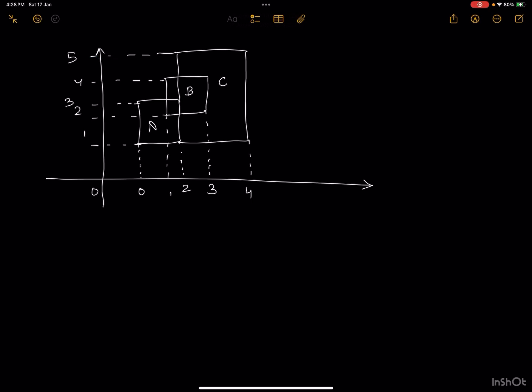So in the problem, we have been given the overlay of the rectangles like this, and we need to find the largest square formed by intersecting rectangles.